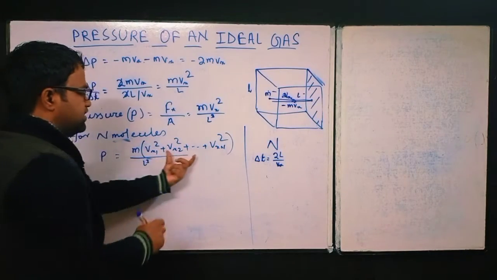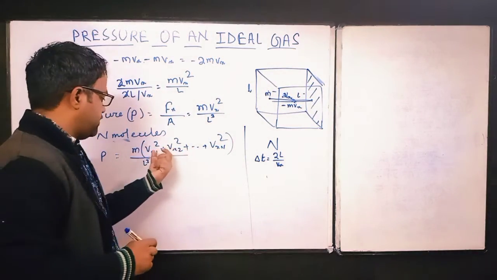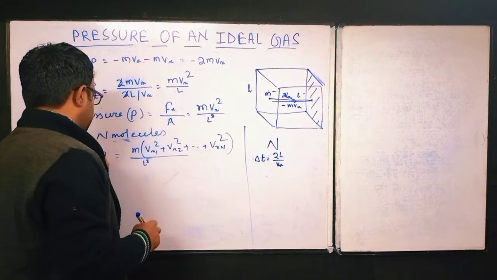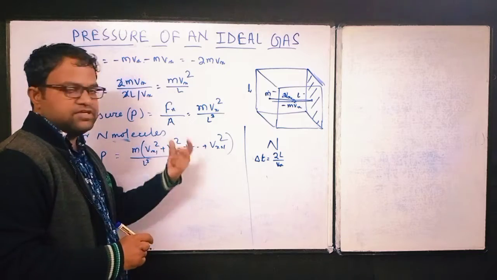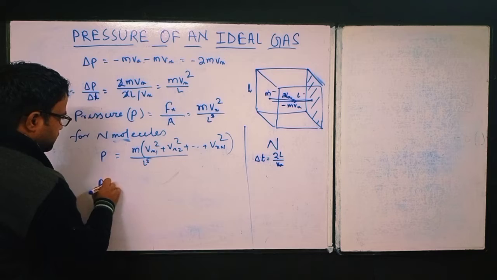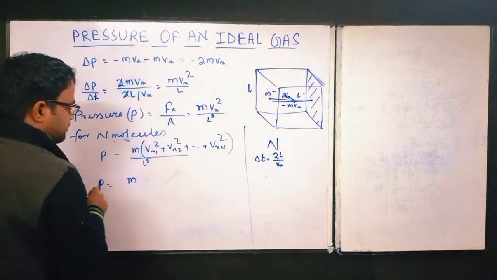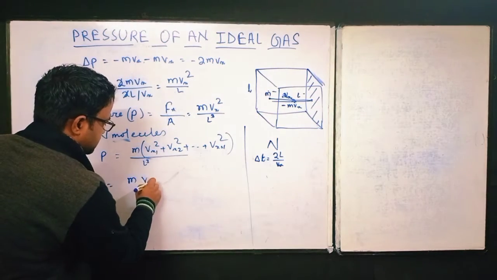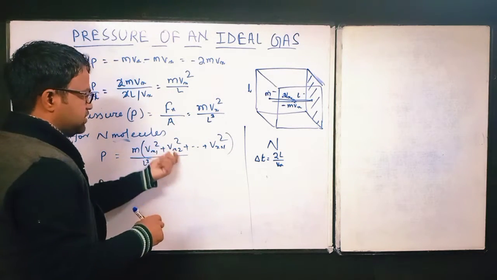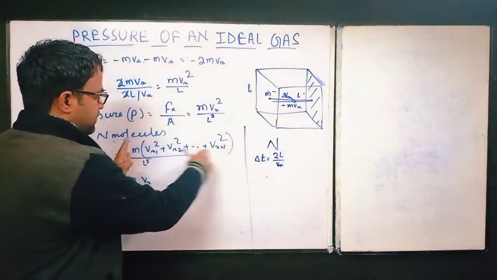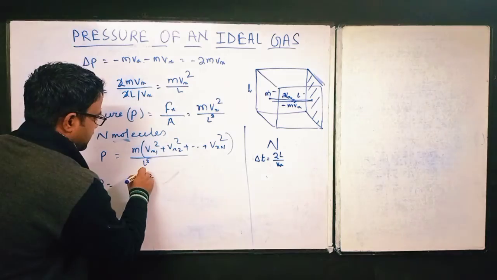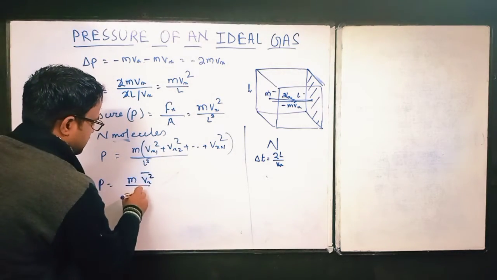Now, instead of writing all these velocities, I'll write one average velocity. So the pressure will become m times n, where vx1 square plus vx2 square up to vxn square divided by n is the average, vx square average, by L cube.